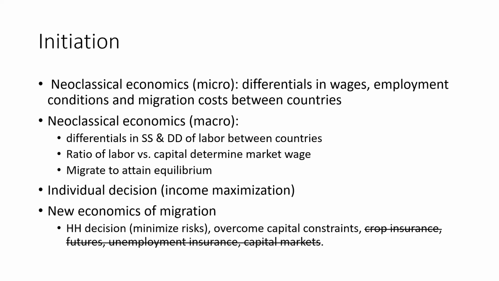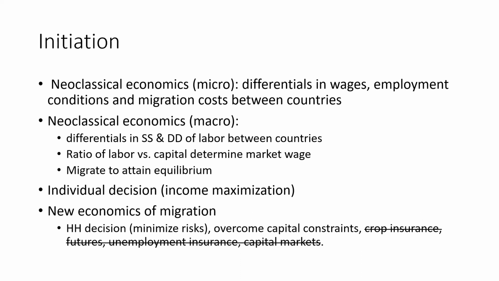And according to the neoclassical economics theory, migration is entirely an individual decision. People migrate to maximize their income if they perceive wages in other areas are higher than where they came from.